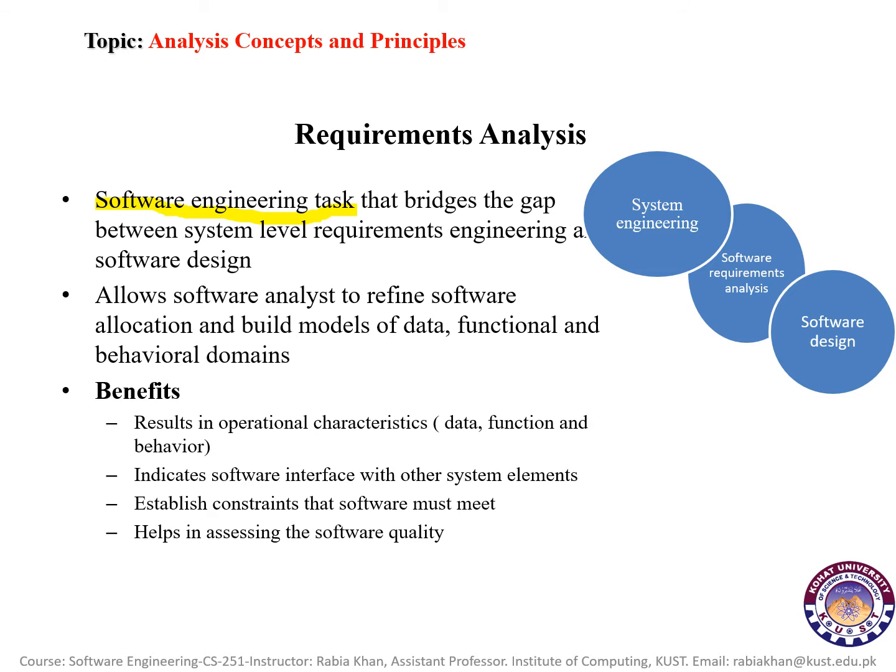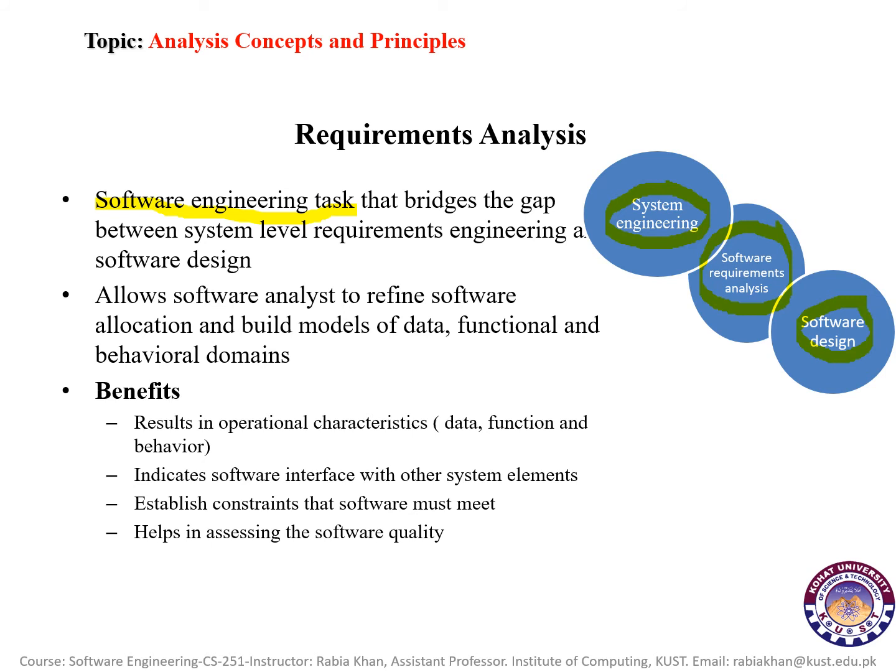It mainly bridges the gap between system level requirements engineering and software design. So here you can see software requirement analysis bridges the gap between system level software engineering and the overall software design.